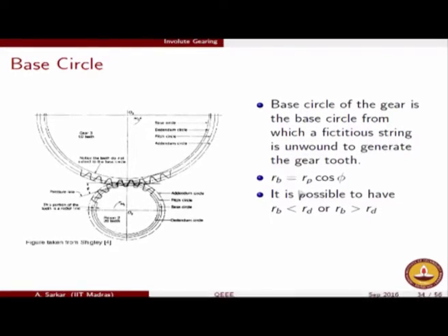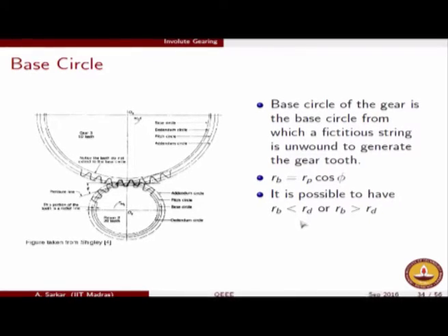Similarly, since the addendum circle radius is more than the pitch circle radius, because addendum is a positive number, the base circle is known to be smaller than the pitch circle or even smaller than the addendum circle. That is unambiguous. But what is ambiguous, at least at this stage, is that this formula does not prevent the base circle radius from being greater than the dedendum circle radius or lesser than the dedendum circle radius.